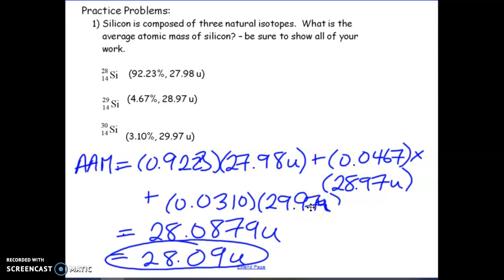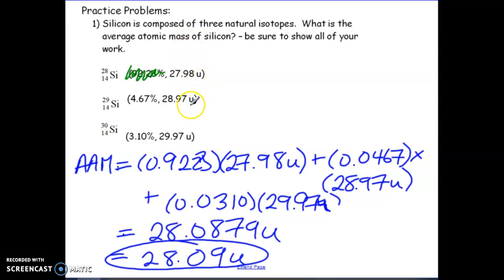One thing to keep in mind, the most common mistakes that I see are forgetting to divide by 100 for the percent, or mixing up which percent goes with which mass. So make sure you have the percent and mass matched, okay? There are also times where you might be missing a percentage.